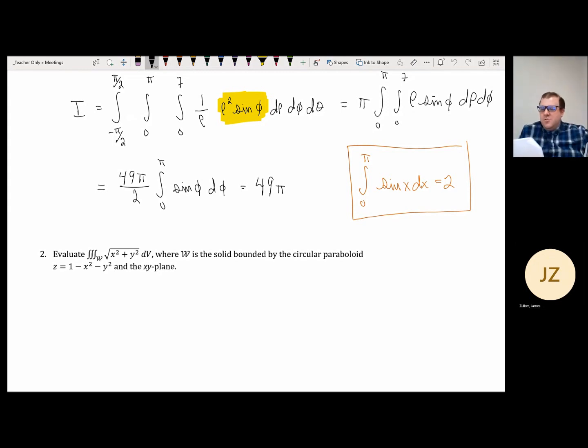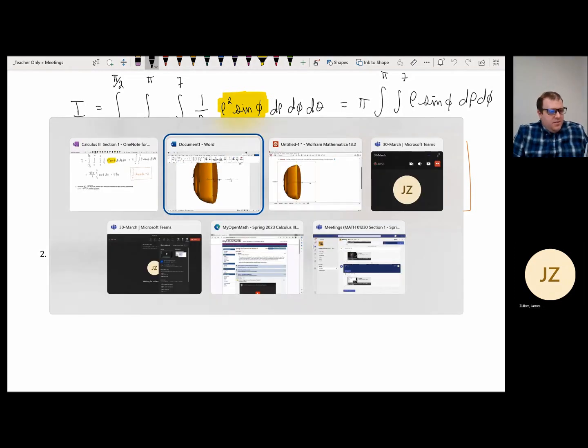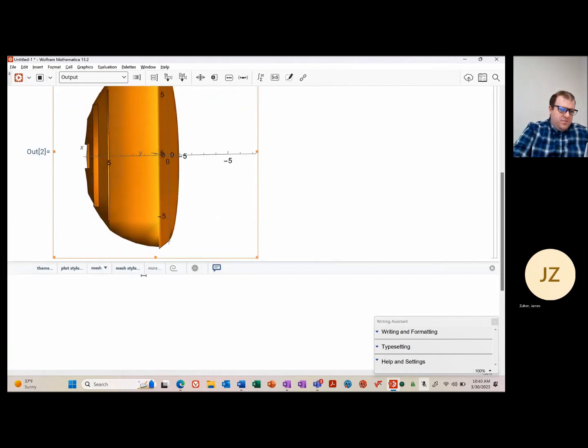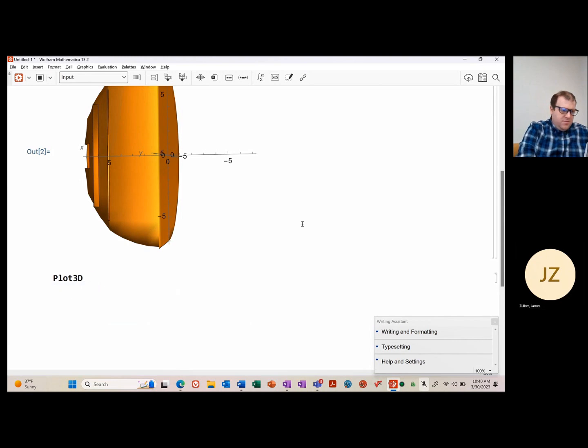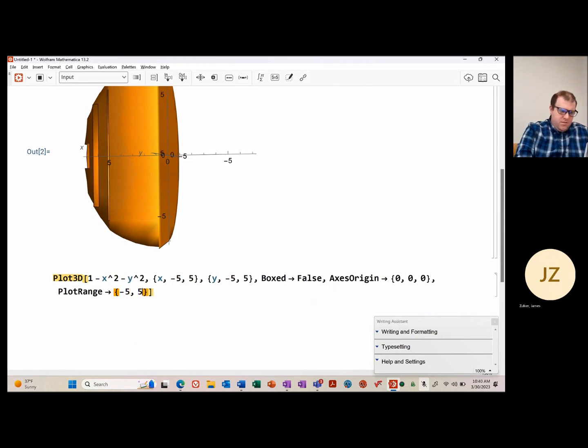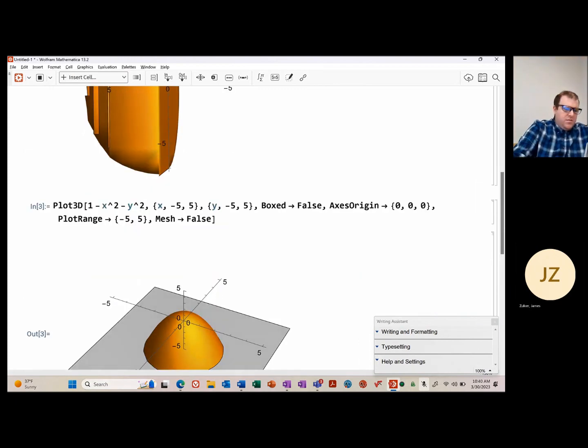Did Mathematica fix this issue? Let's find out. They did not. Perfect.